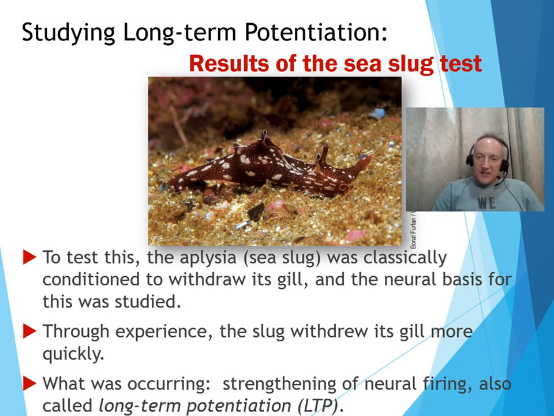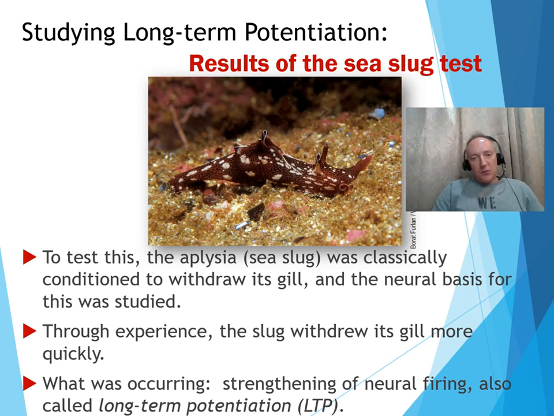The reason the sea slug was chosen was because even this simple animal could make memories and could learn something. But its brain was far simpler, with far fewer neurons, so we could more easily see the changes in the brain as a result of learning.